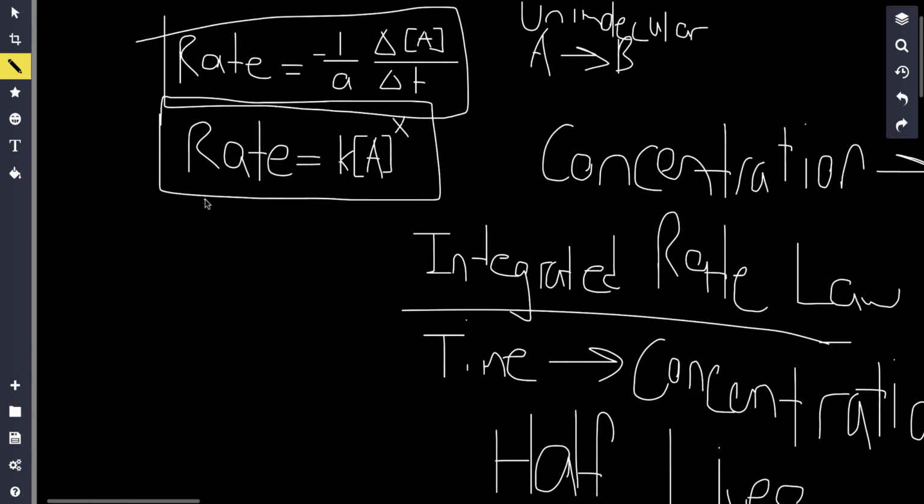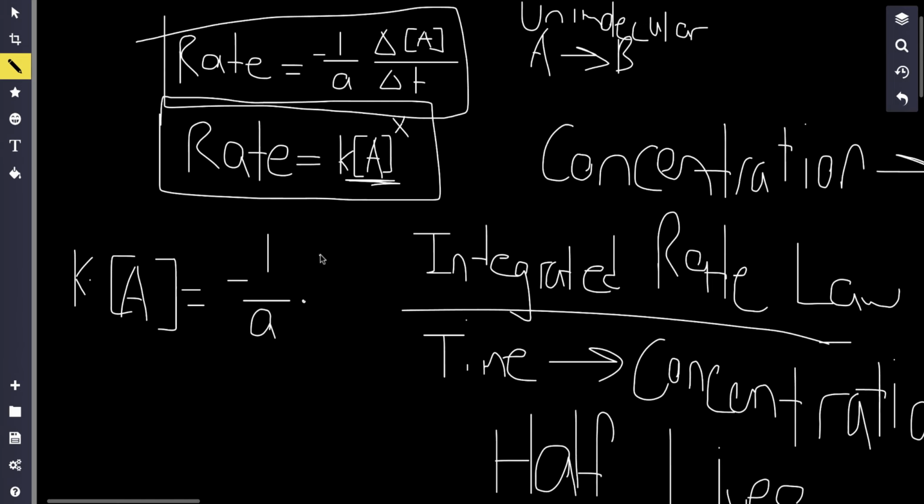So in this case, we have K times the concentration of A raised to the first power, because that's a first order overall. And it's going to be equal to negative 1 over a times the change in concentration of A divided by our change in time.